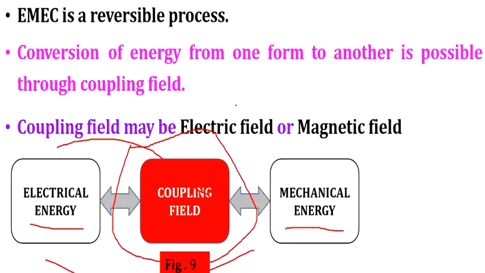The coupling field can be an electric or a magnetic field. Both conversions can happen through a coupling field. In most cases it is a magnetic field.